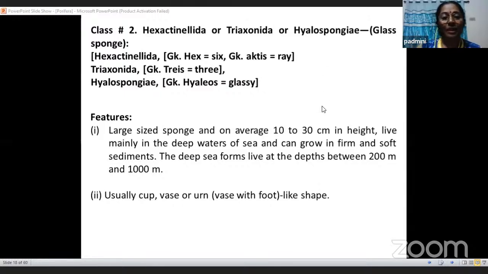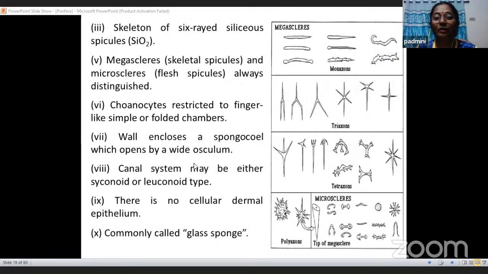And they mainly survive in the deep waters, between 200 meters to 1000 meters deep you find them. Usually a cup, vase or urn shaped structure can be seen under hexactinellida. The skeleton is made up of siliceous spicules or megasclers.